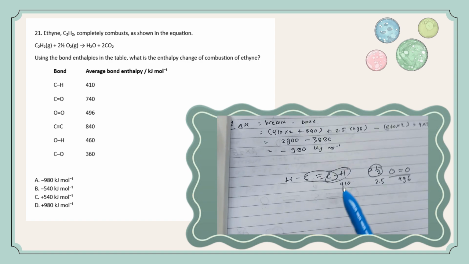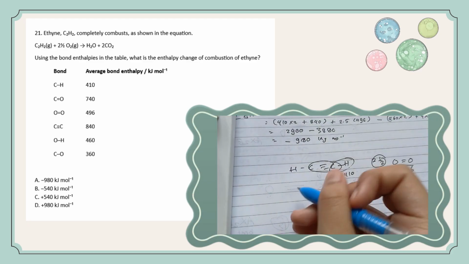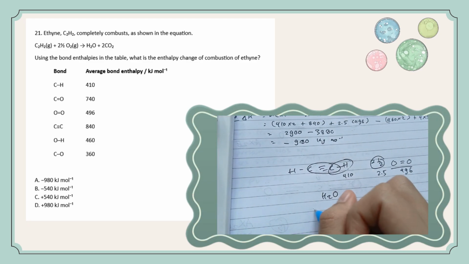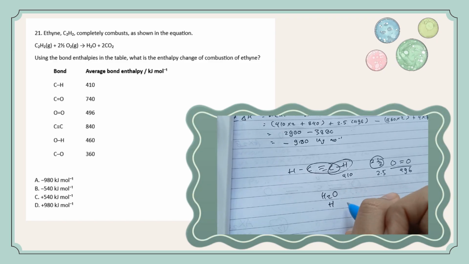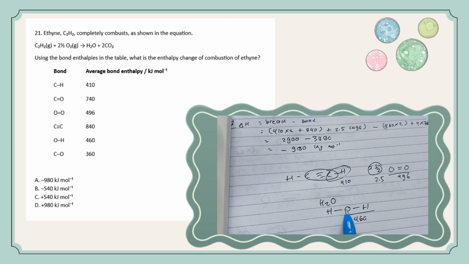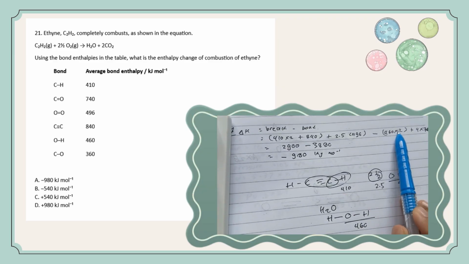For the bonding, we have H2O, like this, and for this one it's 460, and because there is 2, we times it by 2.